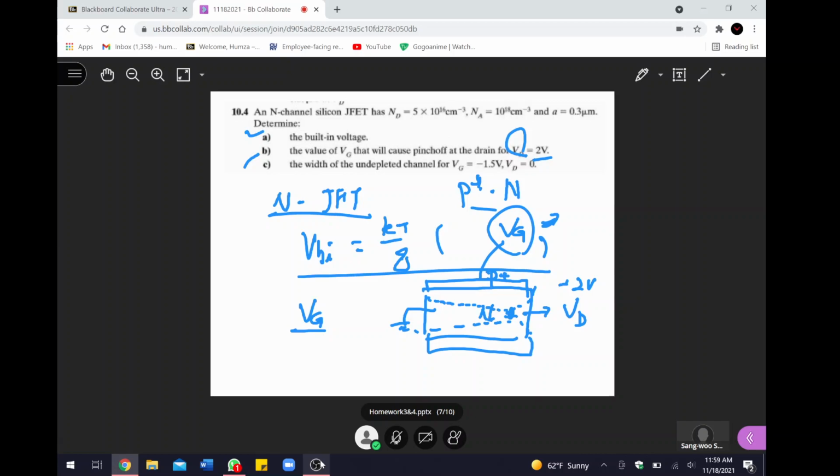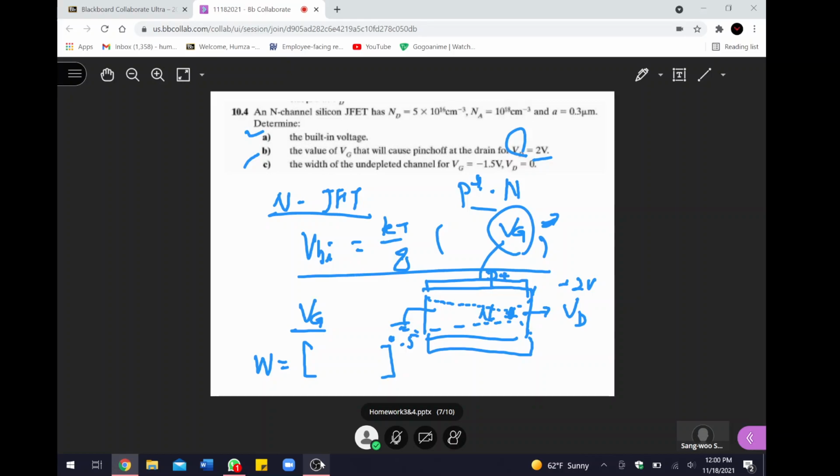So consider this: you have a formula for when the channel width W, initially, is equal to the depletion width, with a similar formula to the one you have there.